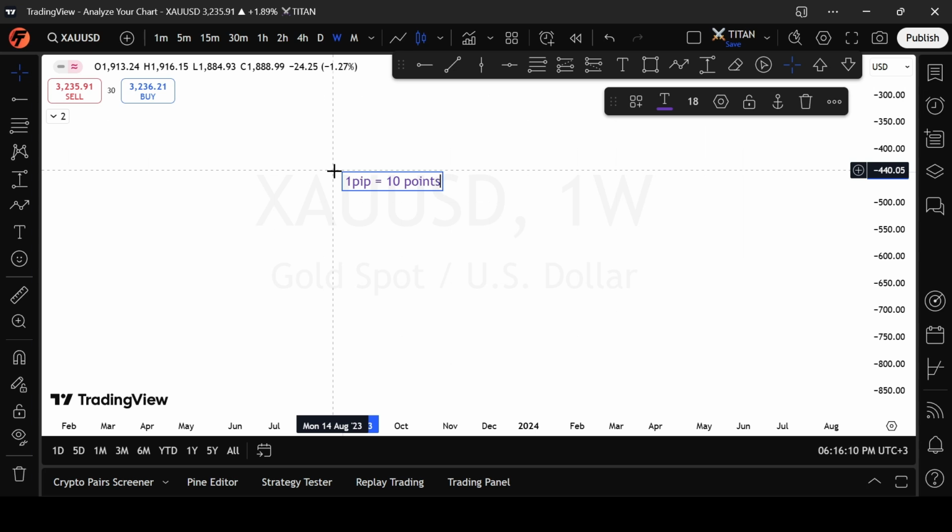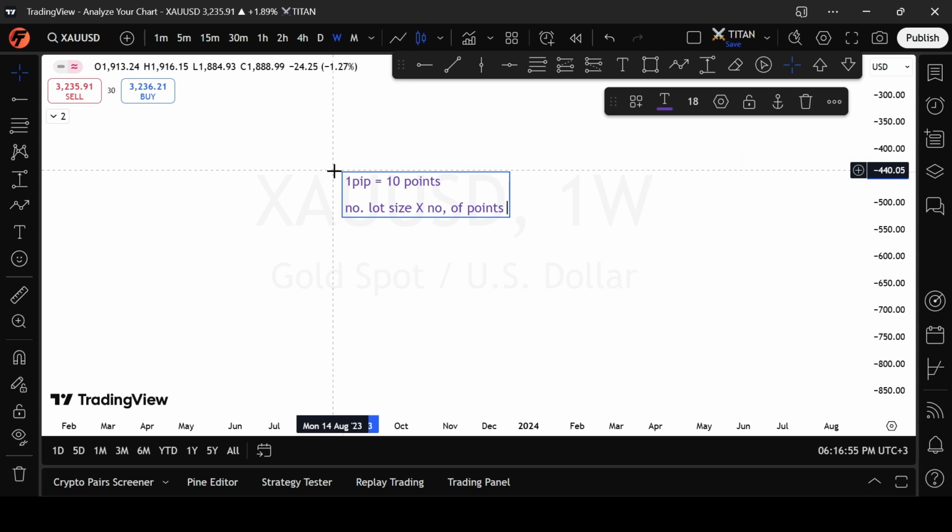Okay. So how does this work in our equation? The equation that I have for you is: get the number of lot sizes that you're using, multiplied by the number of points moved by the market.